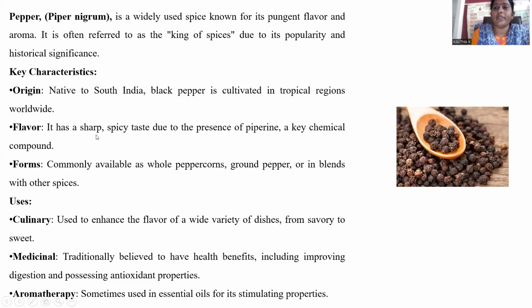Everybody is aware of these pepper seeds, with a sharp and spicy taste. And the compound extracted from this pepper is piperine. Piperine is the key chemical compound which is the reason for this sharp and spicy taste.